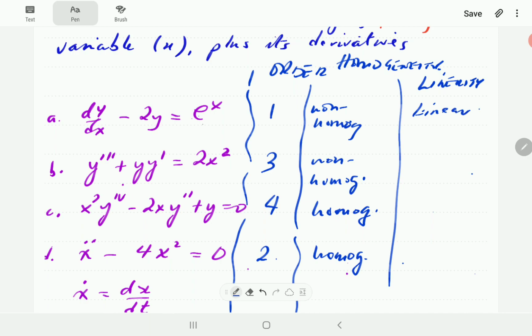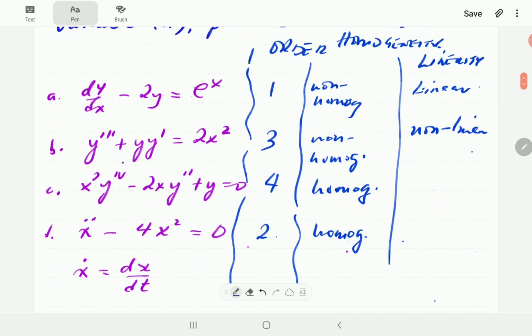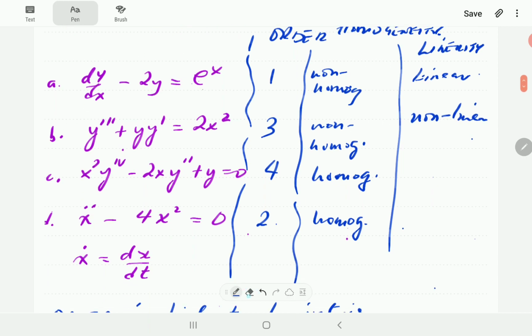Okay. Second ODE, this term is linear. This term is non-linear because we've got a first order derivative times y. So that one is going to be non-linear on account of the second term. The third equation, this term is linear. This term is linear even though it's multiplied by x, but the independent variable terms do not count in terms of linearity. This is also linear.